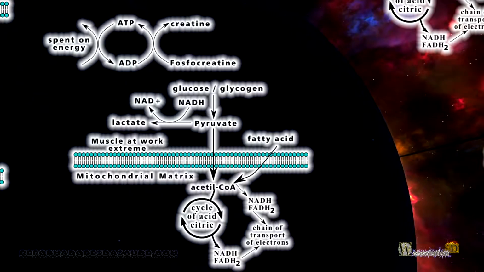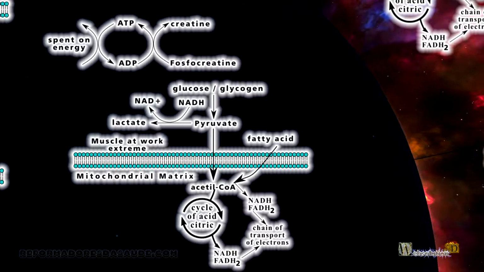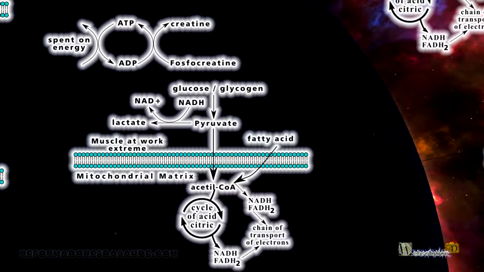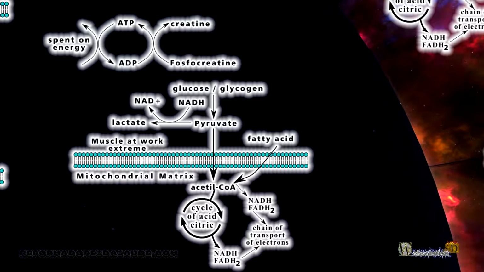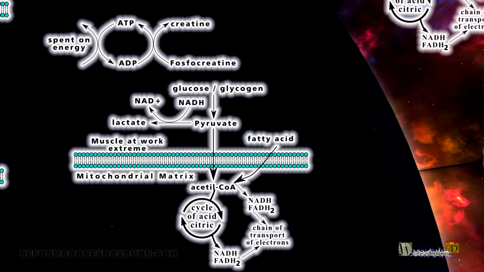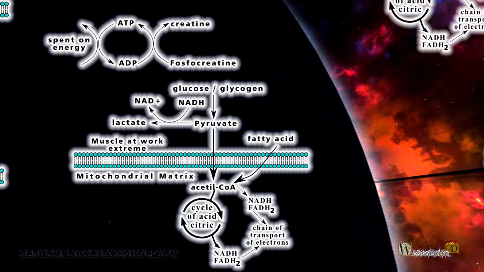Glycogen is broken down into glucose 1-phosphate, converted to glucose 6-phosphate and enters glycolysis, forming pyruvate, which is transformed into lactate in anaerobic conditions, or into acetyl coenzyme A, feeding the citric acid cycle.